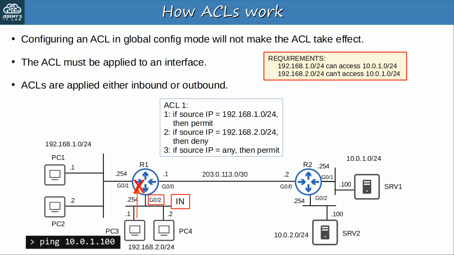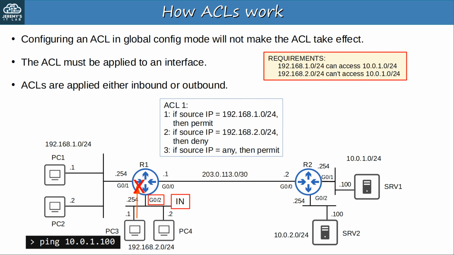However, by applying the ACL inbound on G02, we are being too restrictive. This blocks hosts in 192.168.2.0/24 from communicating with all other networks outside of their local LAN. PC3 and PC4 can communicate with each other, but that's it. So this is not the best way to apply this ACL.